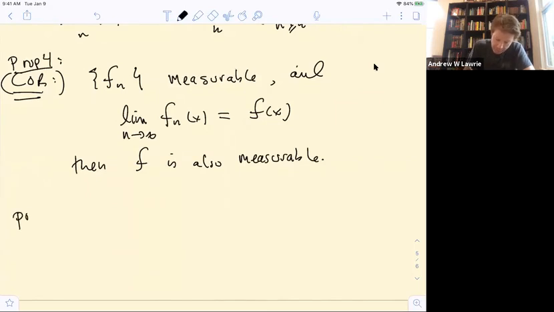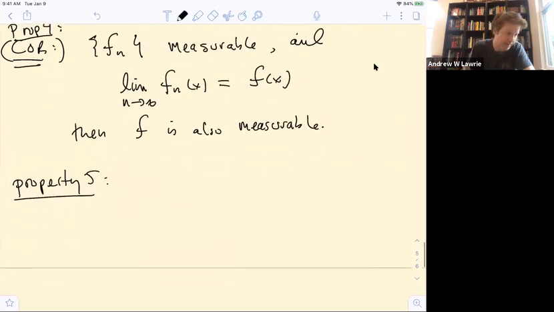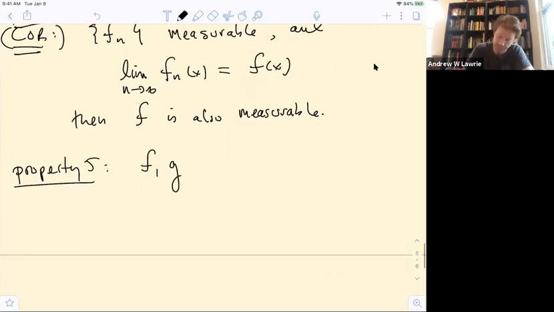Okay, property 5 is that if f and g are measurable, other operations we can do on functions are taking powers of a function or adding functions together. So the algebra with functions is preserved.